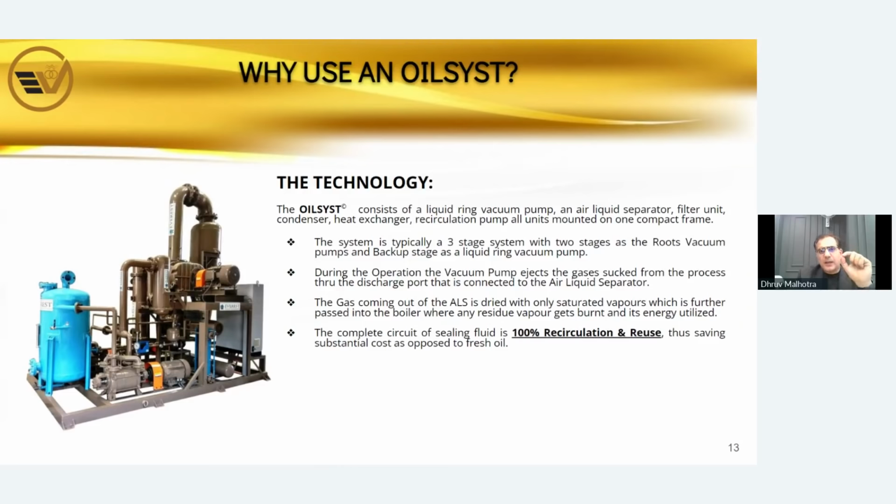We typically call this type of system a semi-dry system, because the complete circuit of sealing fluid is 100% recirculation and reuse, thus saving the customer substantial cost of fresh oil or water.